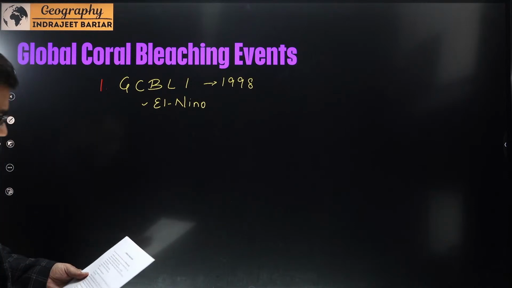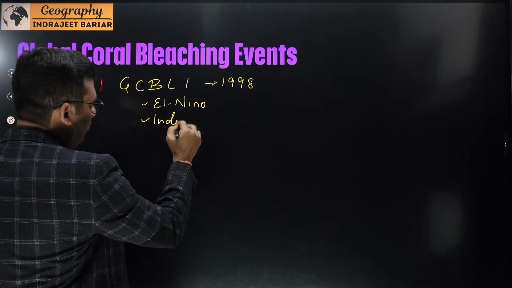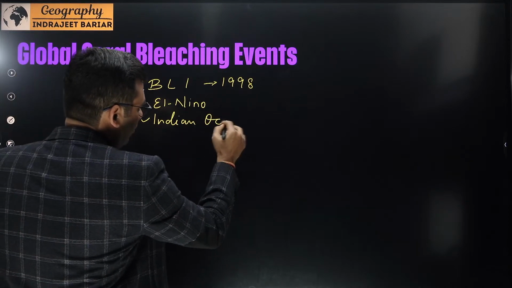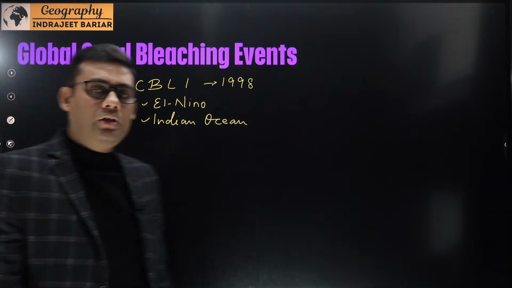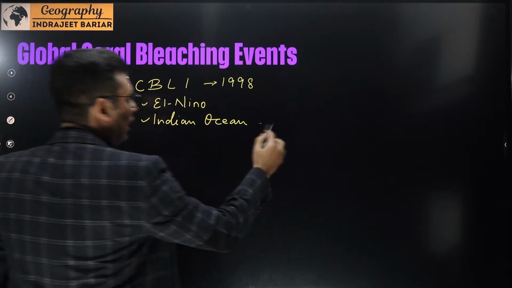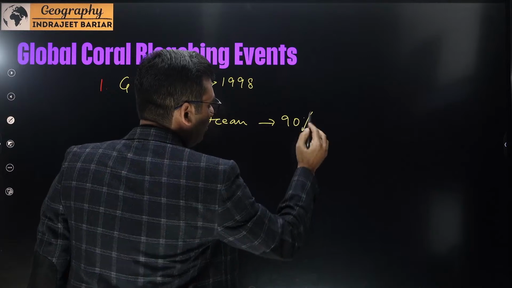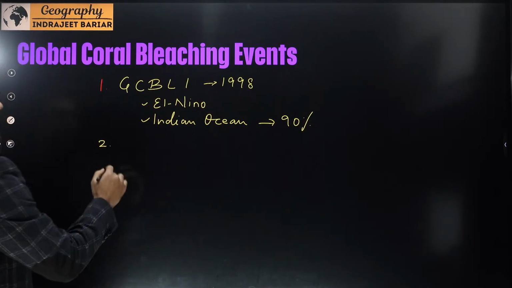Over here, the Indian Ocean was specifically impacted, and in the regions, that would be the Seychelles Islands and all, almost more than 90% of the coral bleaching happened. This was the first coral bleaching event.